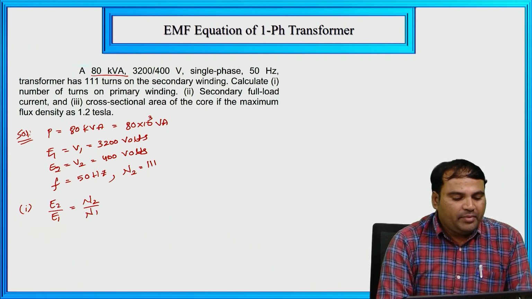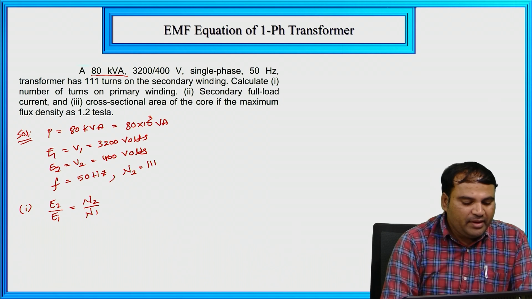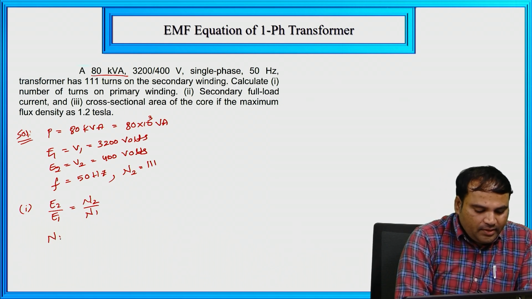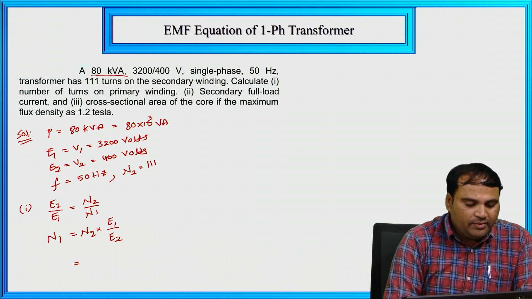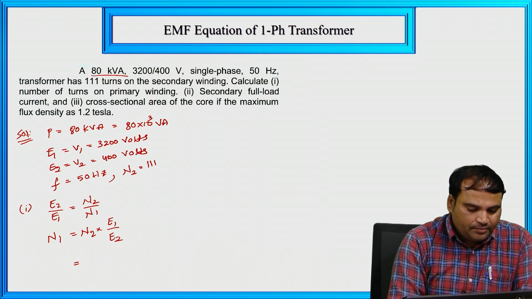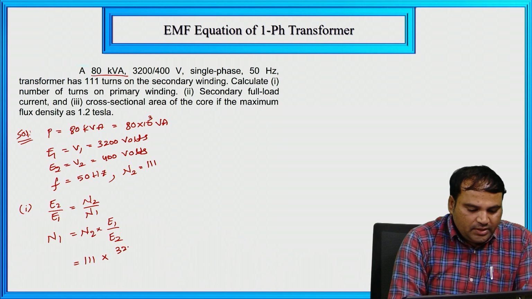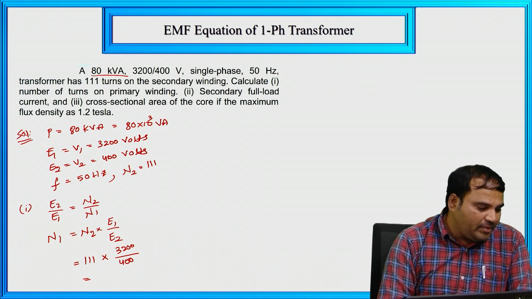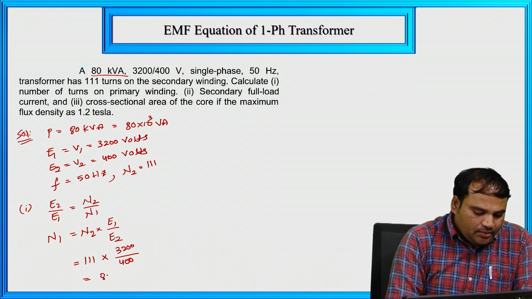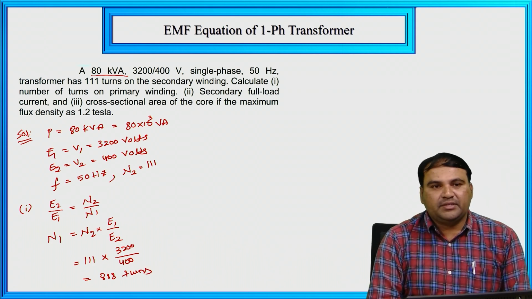So the number of turns on the primary winding, N1, equal to N2 into E1 by E2, that is equal to, what is N2 here? 111 into E1, 3200 by 400. Now by calculating this, we'll get primary number of turns, that is 888 turns.